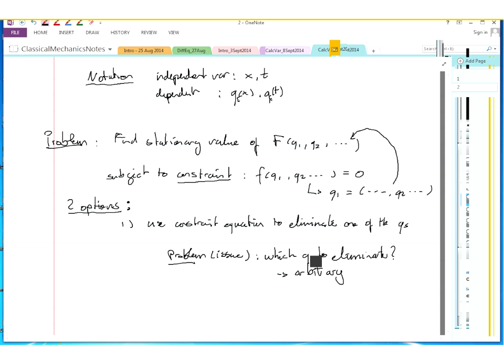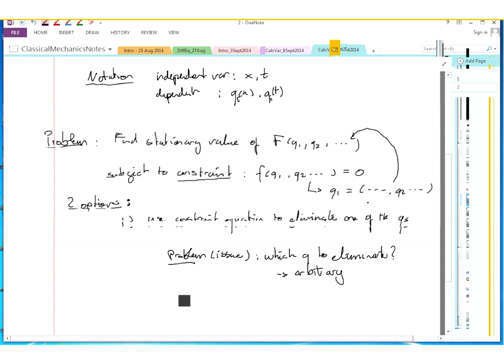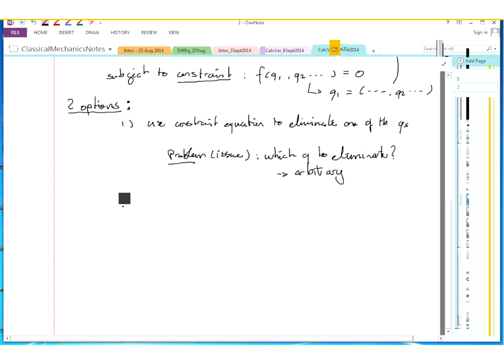Let's say you have a mechanical system, and it's really arbitrary to eliminate x or y. Why all of a sudden eliminate y and pretend that x is more special than y? So it's aesthetically not as pleasing, and it's also not as easy to generalize. This I assume you know how to do, and it's literally just substituting back into the original function. So that's not what we're going to do.